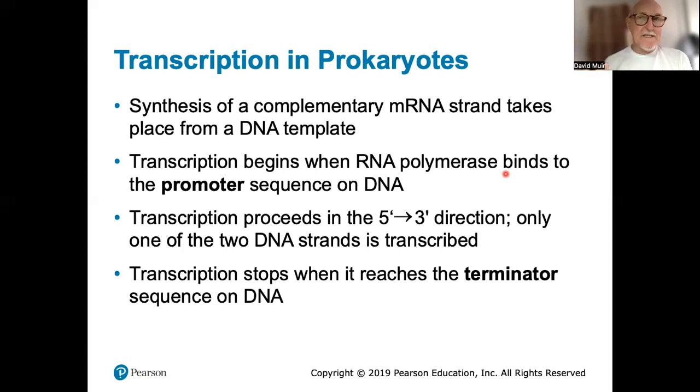There are various ways that this can happen, but effectively there is a terminator sequence somewhere there, which may have various structures, but its effect is to stop the process of transcription, so that we end up with a certain length of messenger RNA, which then has to be exported into the cytoplasm for the process of translation to begin.